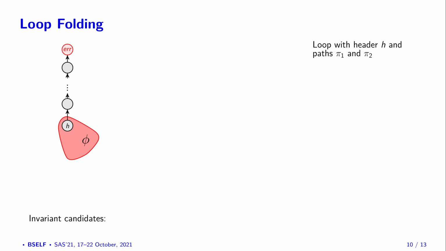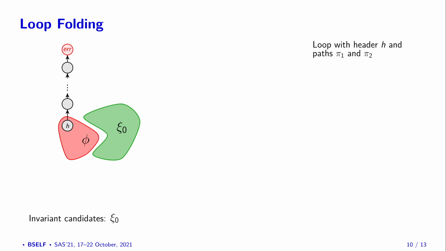To prove that the program cannot be in state phi, we create a first invariant candidate xi0, which is a set of states disjunctive with phi and which is inductive on h. That is, whenever we execute the program from h and we are in these states, then if we get again to h, we are still in the states xi0.